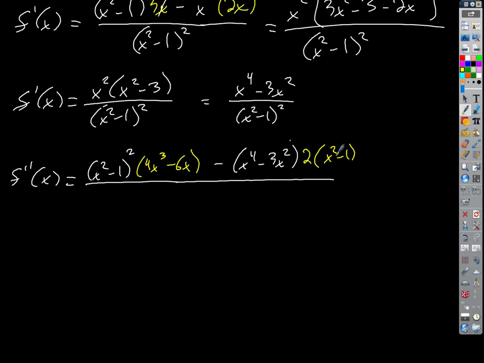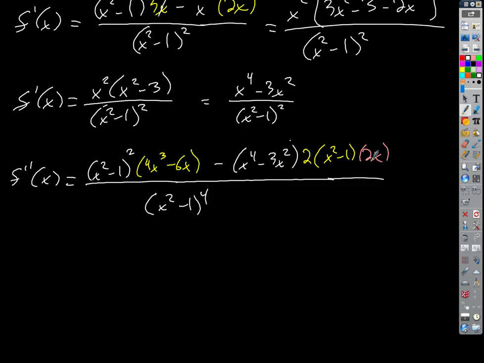That's it, 2x. Good. Okay. Now on the bottom, if I square this, I just get x squared minus 1 to the fourth, right? Okay, does this part over here make sense? Everybody following how we got the second term on the top?